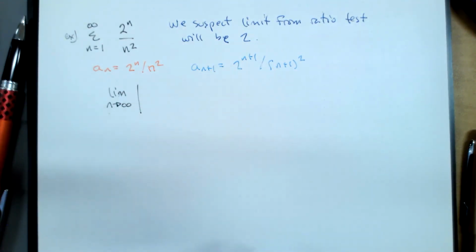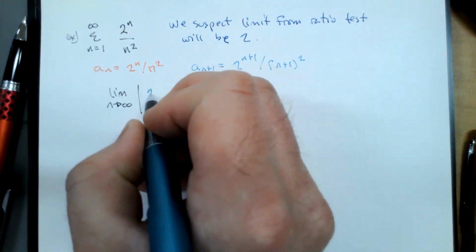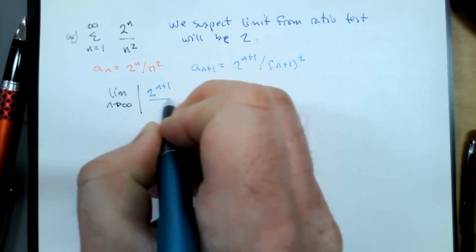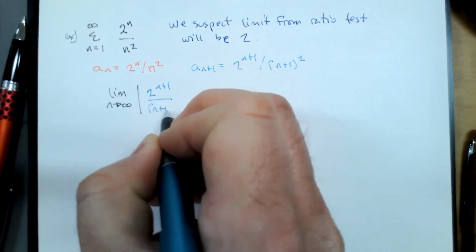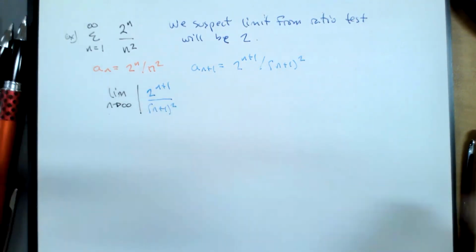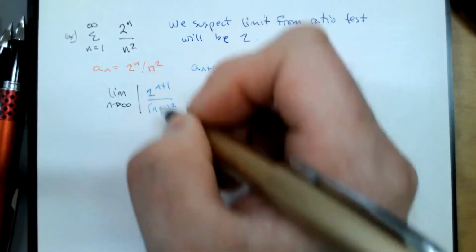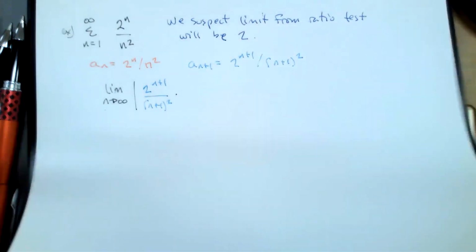So we do a_(n+1) over a_n, and I'm going to multiply by the reciprocal because I don't want to take up so much vertical space.